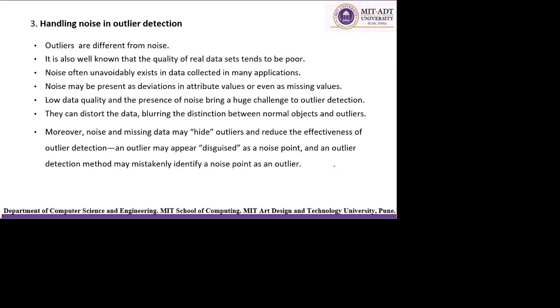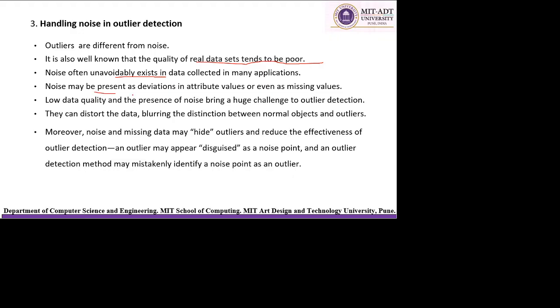The third challenge is handling the noise in outlier detection. Outliers are different from the noise that we have seen already. It is also well known that the quality of real data sets tends to be poor. Noise unavoidably exists in the data collected in many applications.